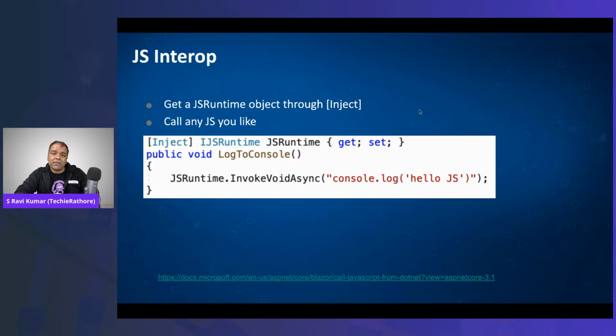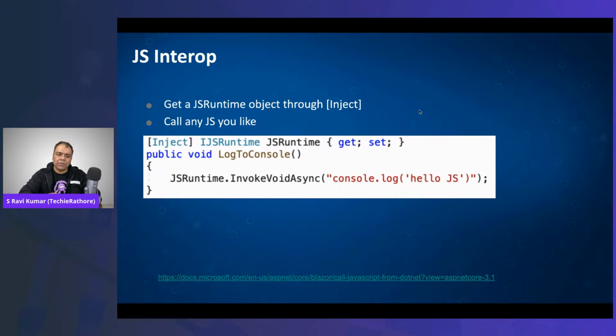When I said that we can do everything using C Sharp and we don't need JavaScript, in some scenarios, if you are very good in JavaScript or want to use JavaScript in your application, it's not that you can't use it. You can call your C Sharp code from JavaScript, or vice versa, using JavaScript interoperability.